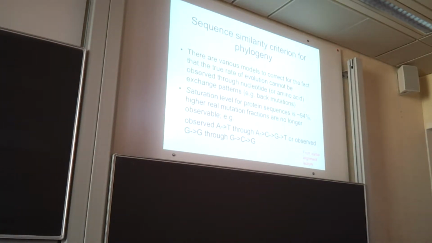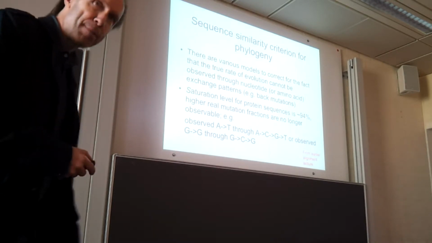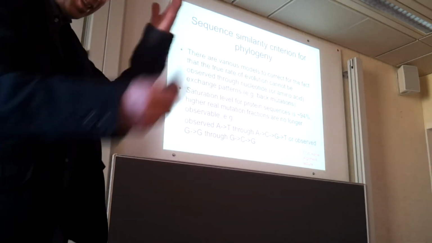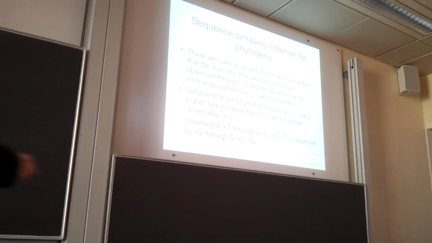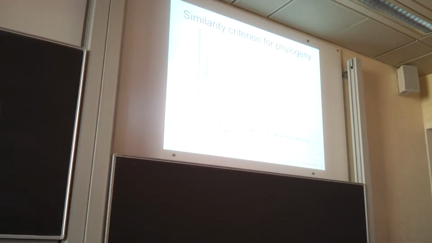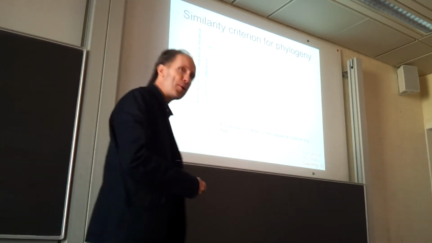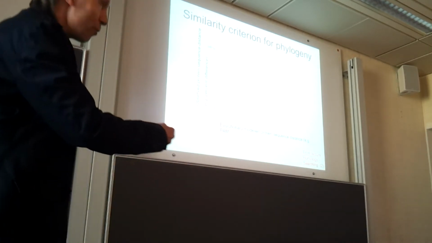Okay. Right. So this is old stuff, so I'll go quick. This is just your back mutation. So there are these models that you can use to understand timing along the path of evolution. And so the saturation, you've seen these sort of curves that after a while the real evolution is not observable anymore. You would need a model to stretch it over that.